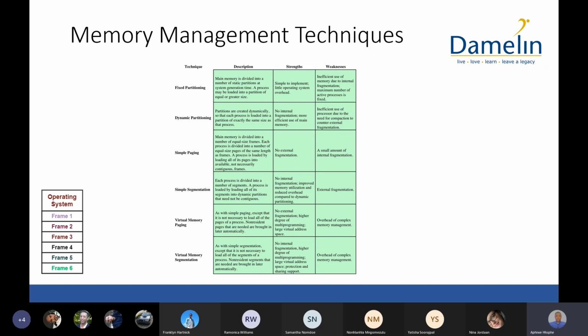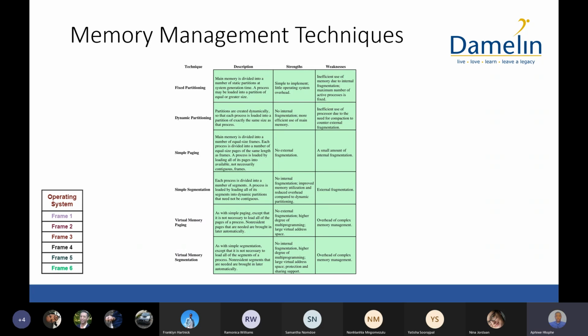Simple segmentation as well: each process is divided into a number of segments. A process is loaded by loading all of its segments into dynamic partitions that need not be contiguous. So with simple paging and simple segmentation, there is no dynamic loading, which means when a process is paged, you send everything to the frames.